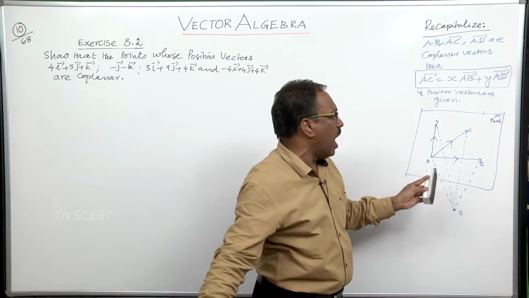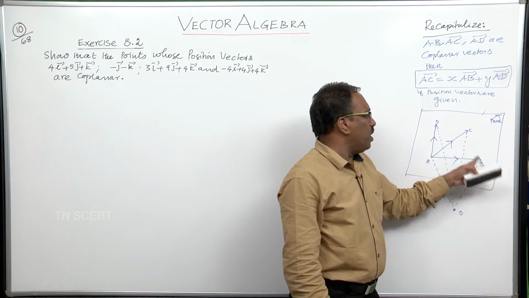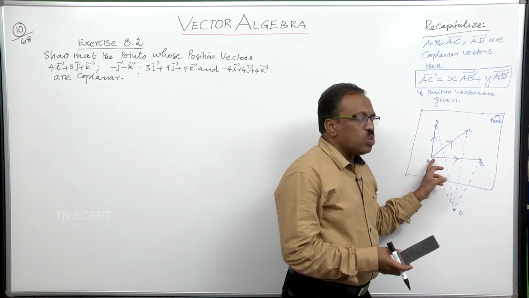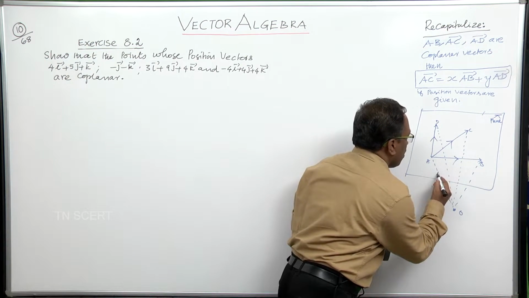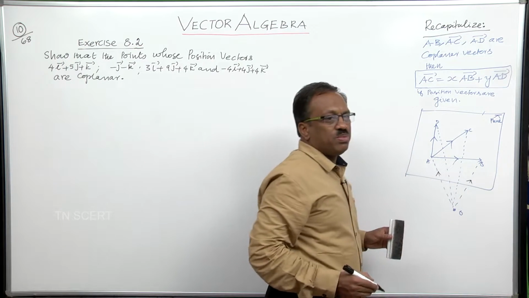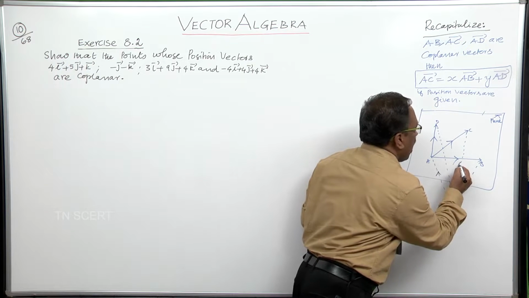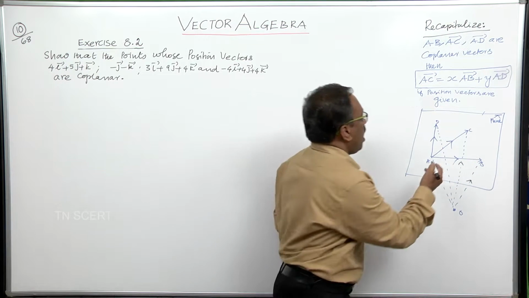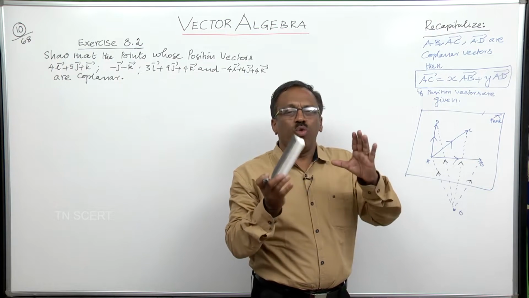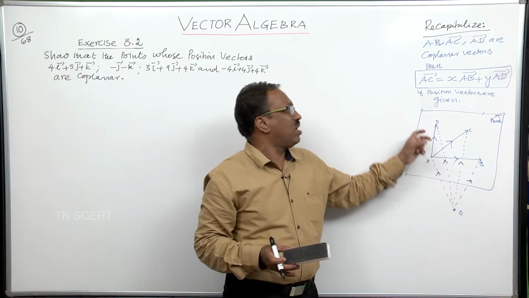I am representing them as A, B, C and D. So, O to A is one vector, that is the A vector, and O to B is the second vector, O to C is the third vector and O to D is the fourth vector. So, we are representing 4 vectors now.